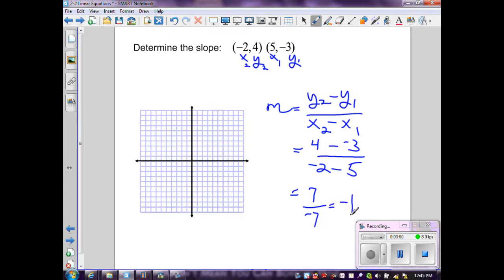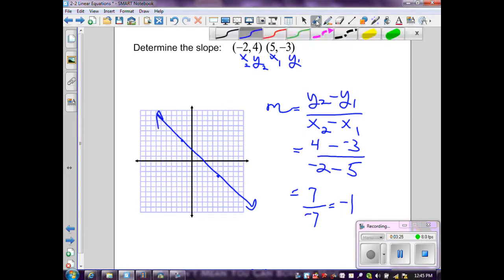If I would graph these points, I have (negative 2, 4) and (5, negative 3). And if I generate a straight line, I can see when I count down 1 over 1, that is my slope.